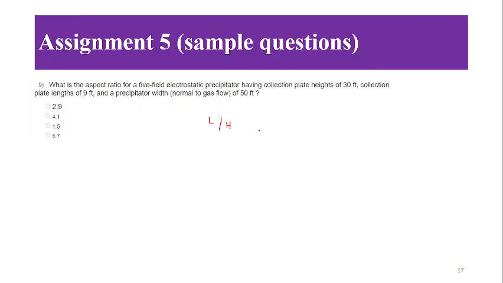You are given a 5-field electrostatic precipitator, so you have 5 fields, and the length of each field is 9 feet. So 5 into 9 will be the total length, divided by the height, which is 30. So you get the answer as 3 by 2, and the aspect ratio comes out to be 1.5.